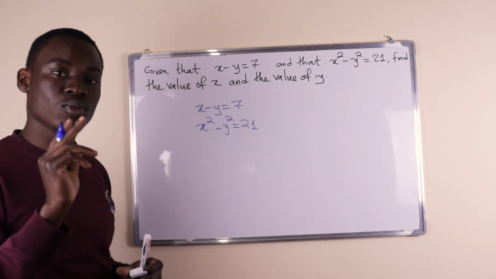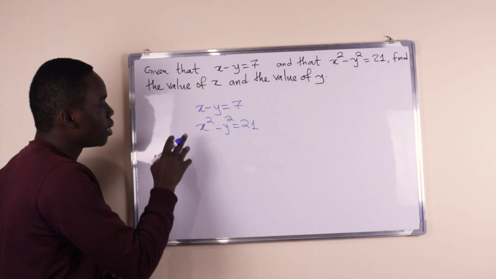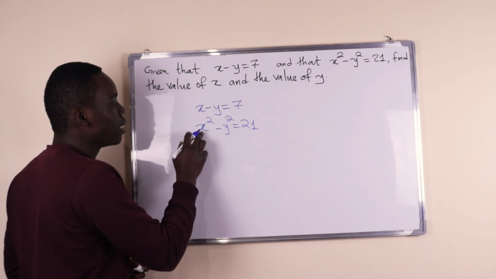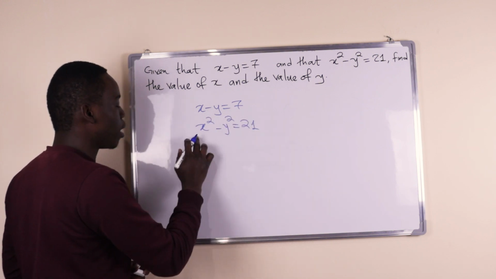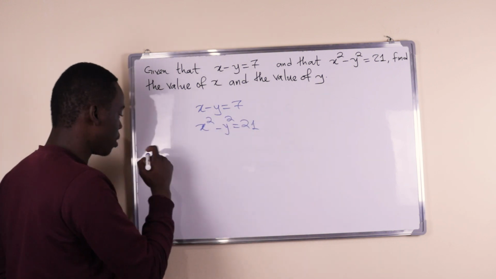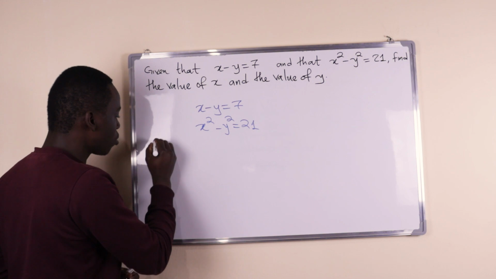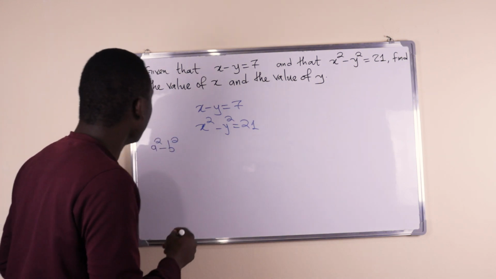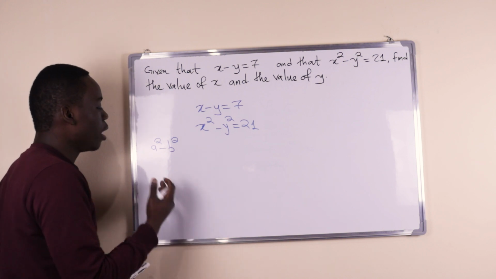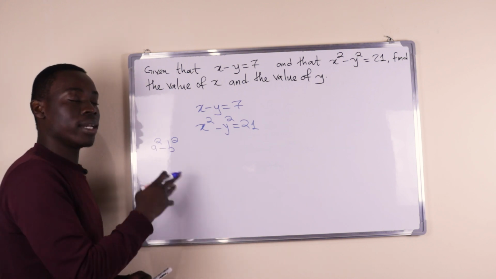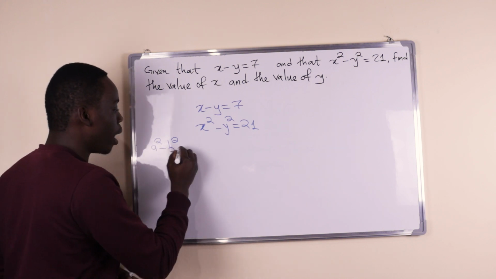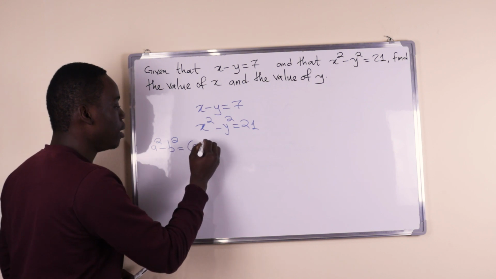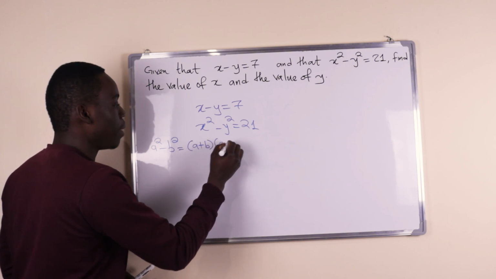The best and fastest way to solve it is recognizing that we have the difference of two squares. The difference of two squares states that if you have a squared minus b squared, where a and b are your values and they are both squared, the difference of these two will be equal to a plus b times a minus b.